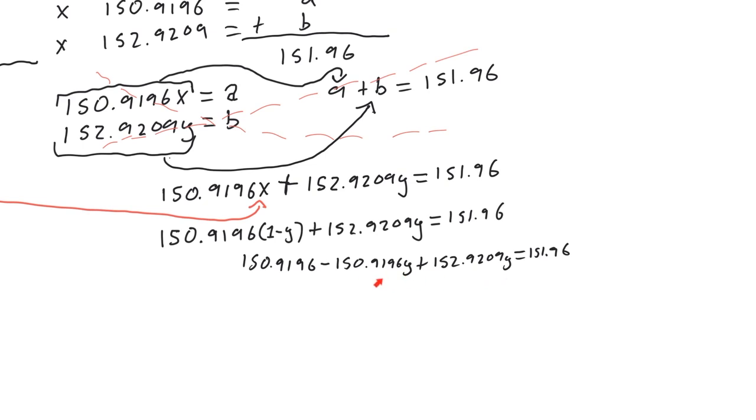So the next step is to subtract this number from here and get it on that side. Minus 150.9196 on both sides gets it away from there.